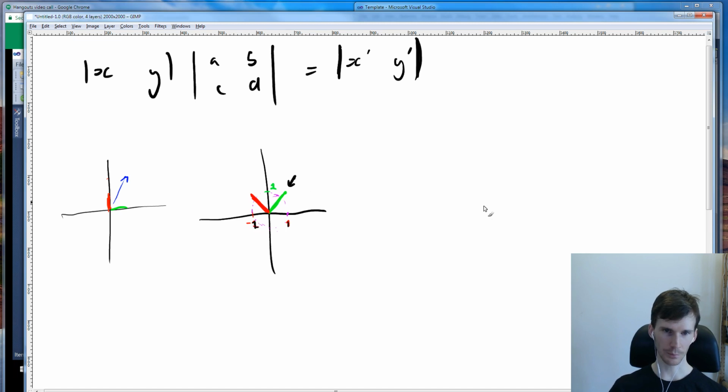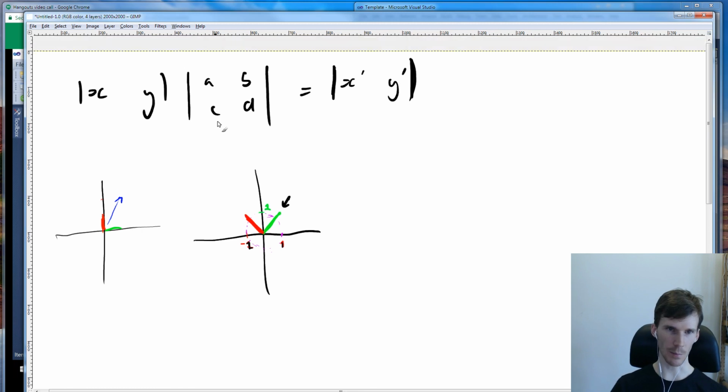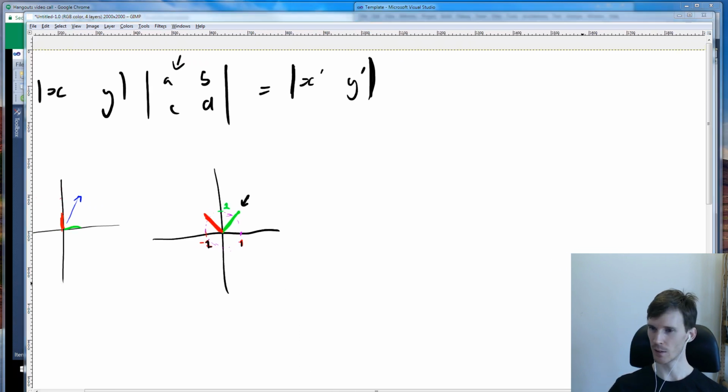Okay, so let's make a prediction about what our basis vector is going to be, and we'll see if I have my columns and matrices right. I think I do. Our x-axis was 1, 0 in the identity matrix.